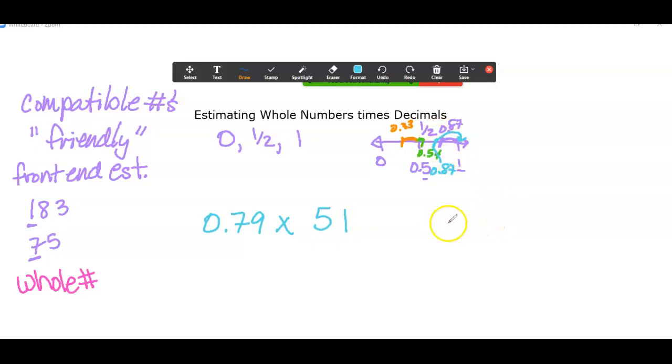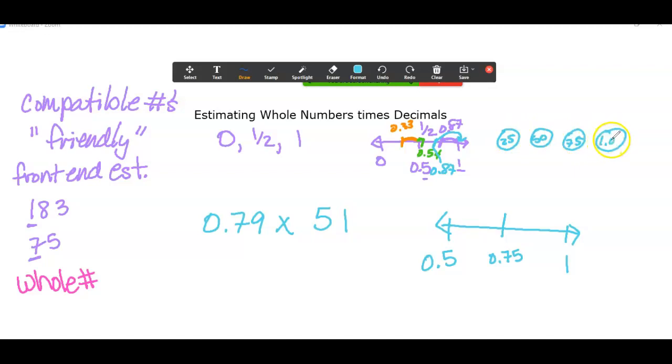The reason for that, if I draw a bigger number line here, only this time I'm going to put 5/10, which is a half, and 1. So if I have 5/10 and I have 1, what would be half of that? Half of that would be 75 hundredths. I can think of that in quarters. 1/4 is 25, 2 is 50, 3 is 75, and then 4 would be $1, right?